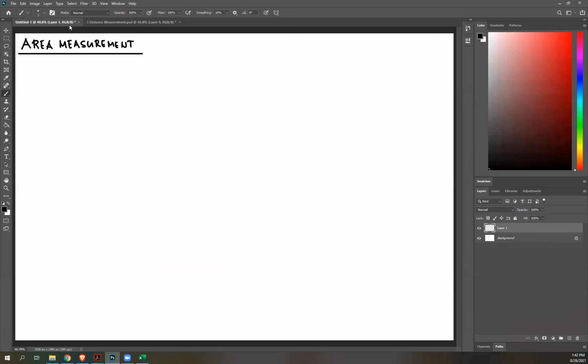Okay. So trapezoidal rule. Once again, this can be used if one of our boundaries is a straight line and then the top part is a curved line. Okay.